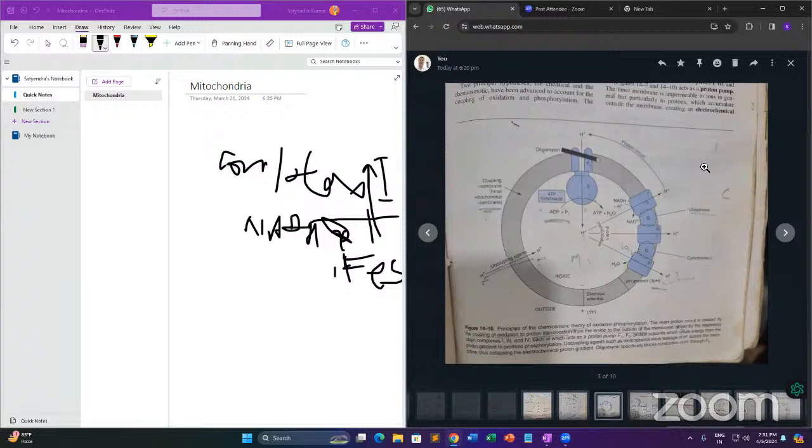osmotic hypothesis. This hypothesis explains the flow of protons from the matrix to the inner membrane space, and the accumulation of protons in the inner membrane space creates the proton motive force. This proton motive force further allows the movement of protons from the inner membrane space back to the matrix.